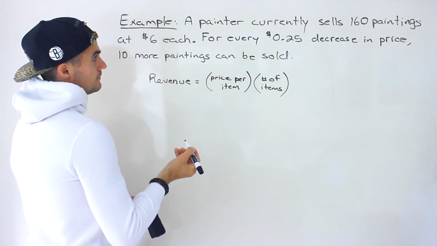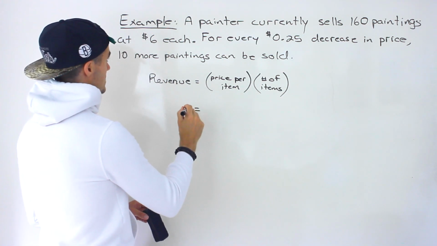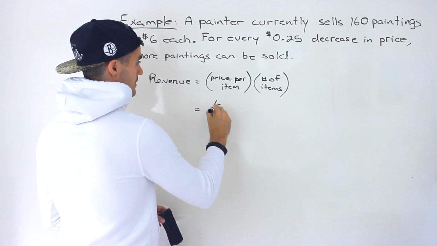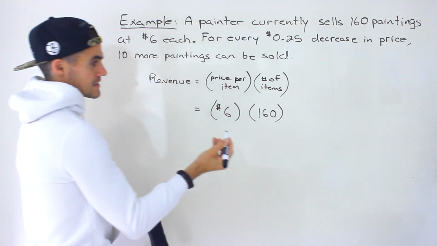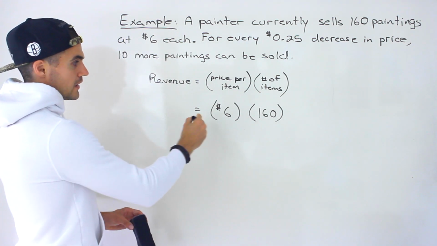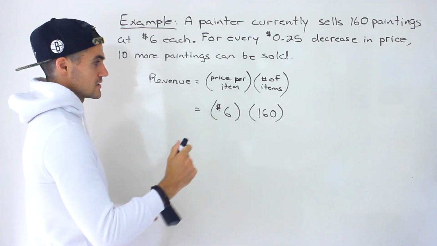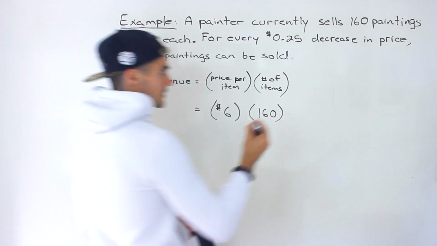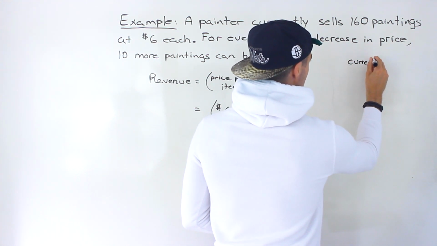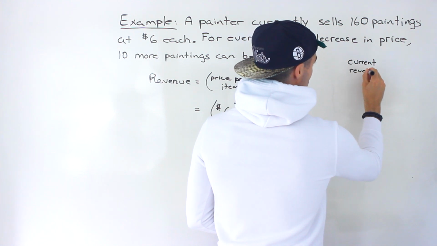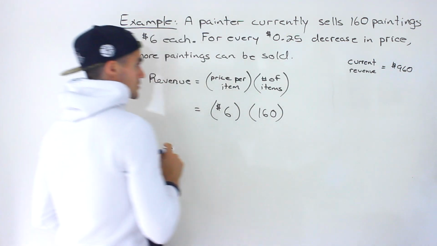Currently, the painter sells 160 paintings at $6 each. So the current revenue is 6 times 160, which gives us 960. Let me write that over here. The current revenue is equal to $960.